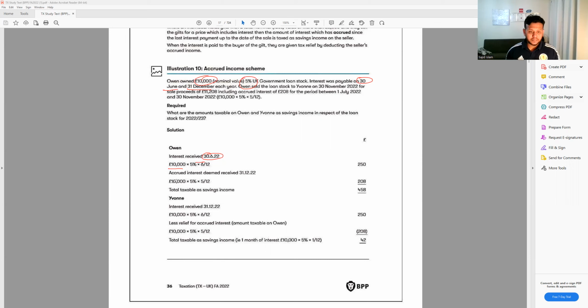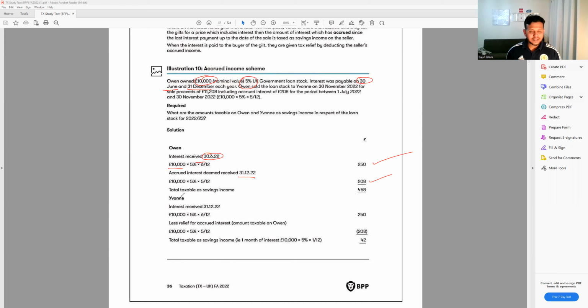So here for the 6 months, interest received was £250. And accrued interest deemed received on 31st December, if he hadn't sold it, he is supposed to receive another £208 for the next £10,000 for the 5 months. So on 31st December, £208.